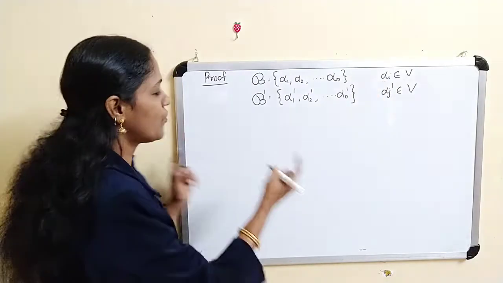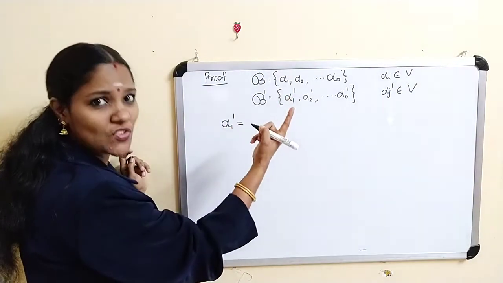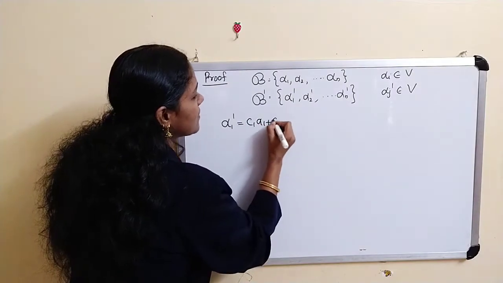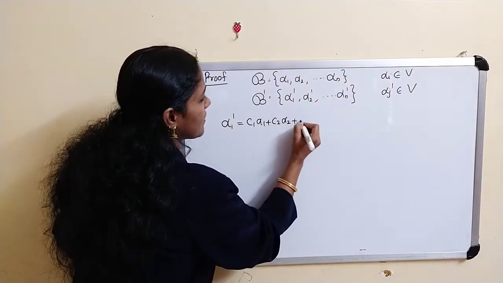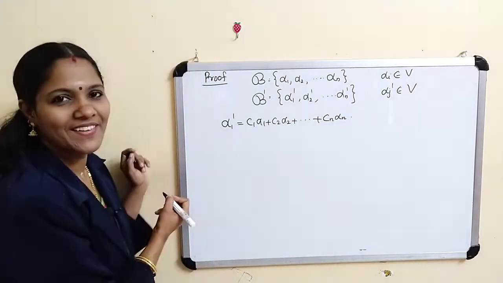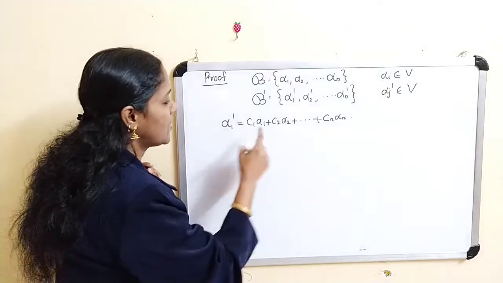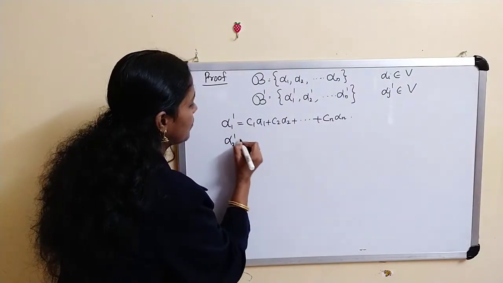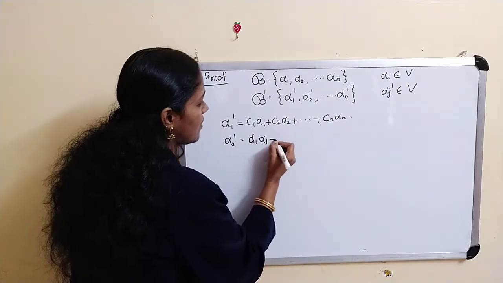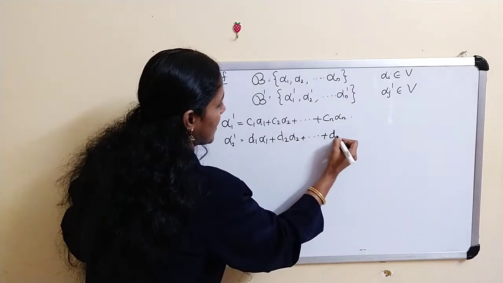Since this is a basis for V, each alpha 1 dash you can write as, there exist scalars C1 such that C1 alpha 1 plus C2 alpha 2 plus etc. plus Cn alpha n. Now alpha 2 dash equals some d1 alpha 1 plus d2 alpha 2 plus etc. plus dn alpha n.